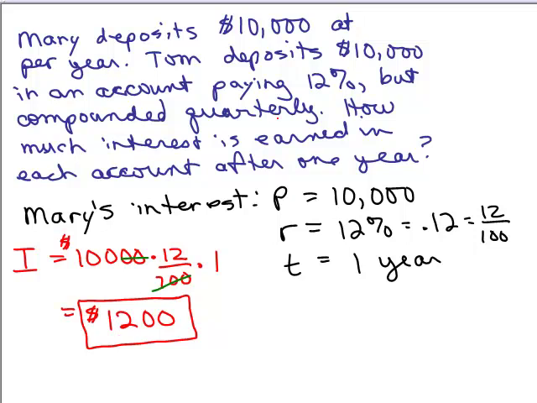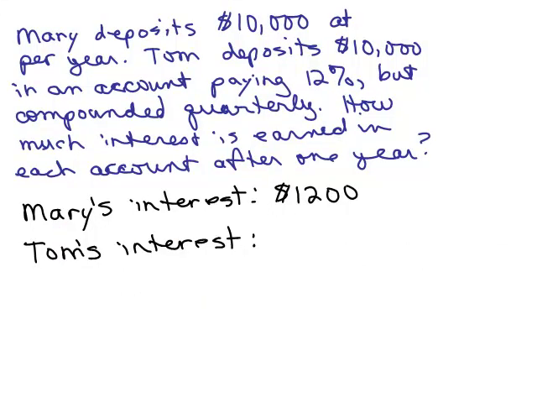All right, now Tom is a little bit more complicated because his gets compounded quarterly. So now let's work on that. All right, so how would we figure out Tom's interest after a year? Well, we could use the simple interest formula. Remember, quarterly would mean 4 times a year, right?